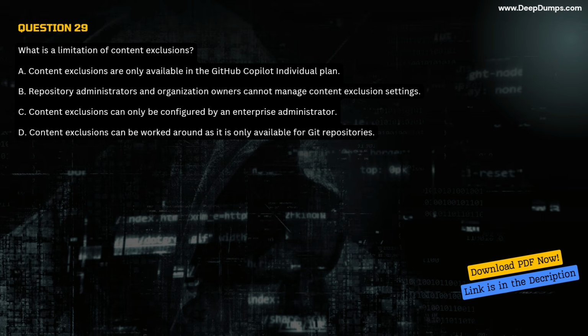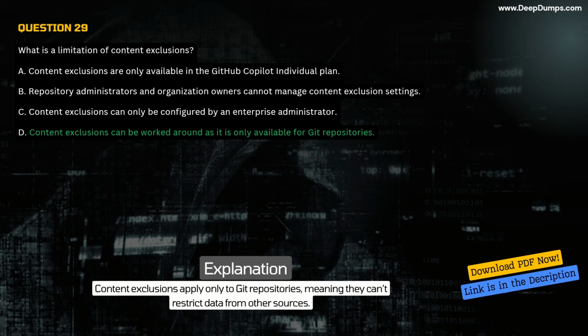D. Content exclusions can be worked around as it is only available for Git repositories. Correct answer D. Explanation. Content exclusions apply only to Git repositories, meaning they can't restrict data from other sources.